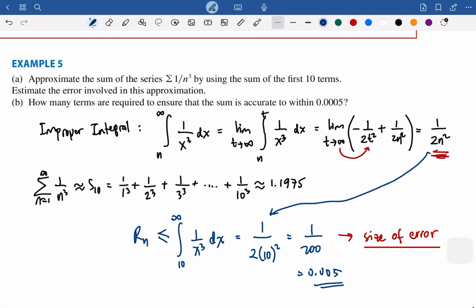For part B, we want Rn less than or equal to, let me just write the result, 1 over 2n squared. So we want 1 over 2n squared less than or equal to 0.0005.